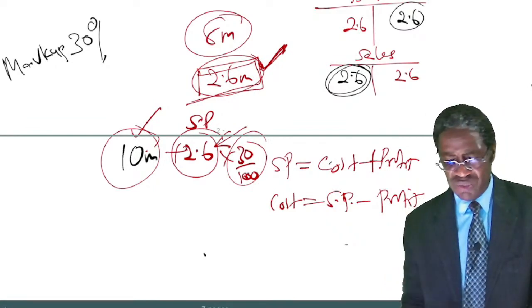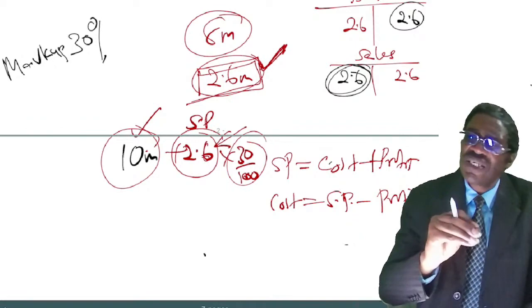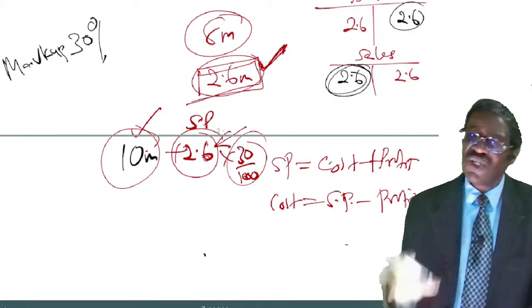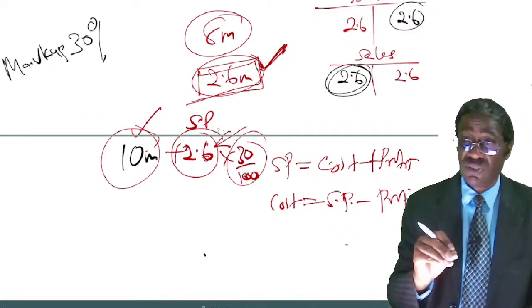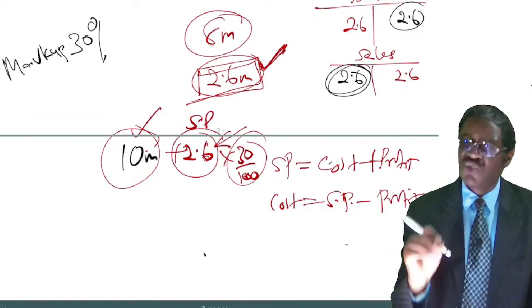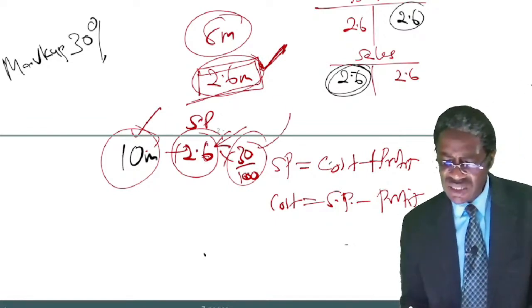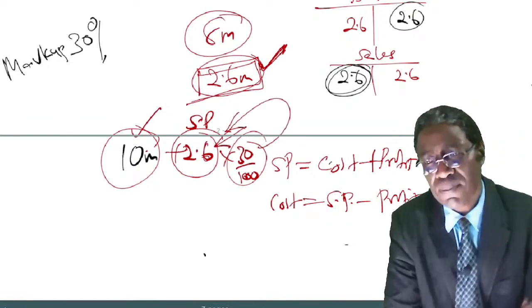This 2.6 million is the selling price. If I can know how much is the profit loading on that selling price, so that I remove the profit loading, then I'll be able to remain with the cost. But my question was, to determine the profit out of this 2.6 million, can I just take 30% of that 2.6?